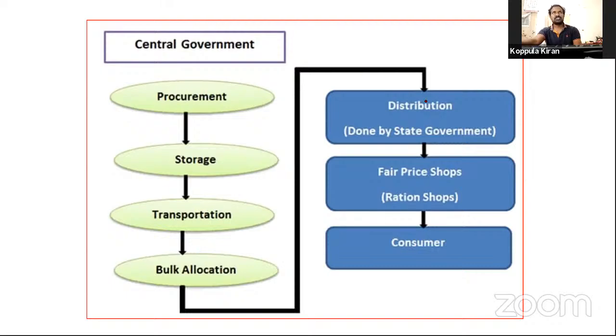Finally, these food grains are distributed by the central government, and then by the state government to the ration shops. Then consumers buy them, and people can access food easily at subsidized prices.